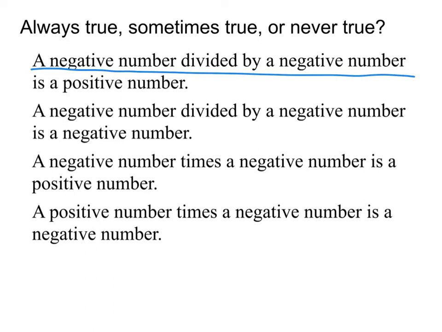So a negative divided by a negative will equal a positive, which is what this one is claiming. Because that is a true statement, and it's always true, it's not sometimes positive, sometimes negative, it's always positive, we will answer this one as always true. And then we can go on to the next one.